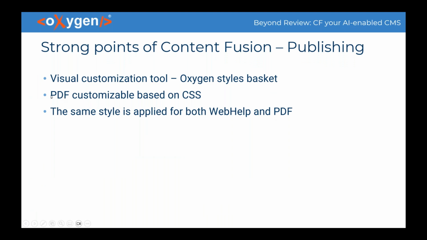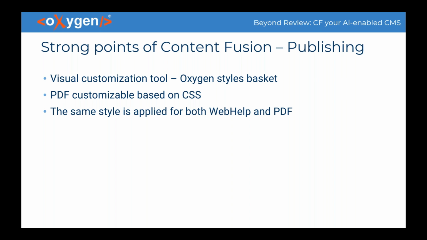Also, the PDF engine that Content Fusion uses is Oxygen PDF Chemistry. So it generates PDF customized with CSS. So you don't have to learn XSL-FO in order to customize the output.